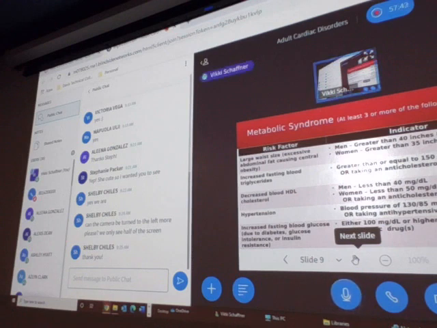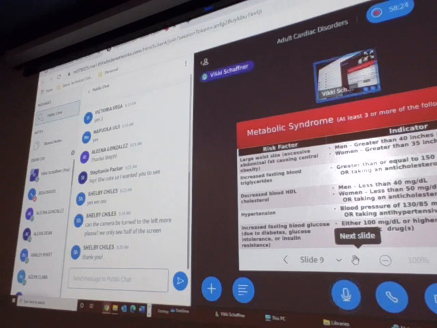If you have a level that is greater than or equal to 150 milligrams per deciliter, or if you are on some kind of anti-cholesterol drug. Decreased blood HDL. If you're a man, if you have less than 40 milligrams per deciliter. For women, if you have less than 50, or you are taking an anti-cholesterol drug.